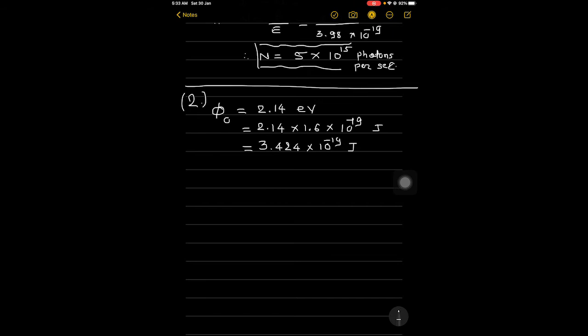Now we are asked to find out first the threshold frequency of cesium, that is represented by F0.